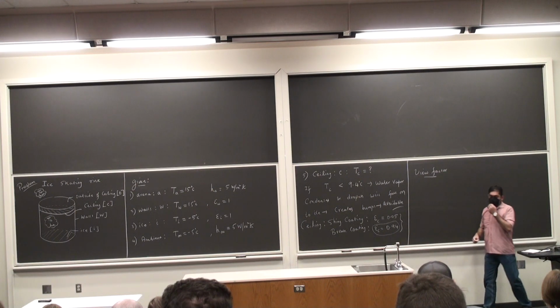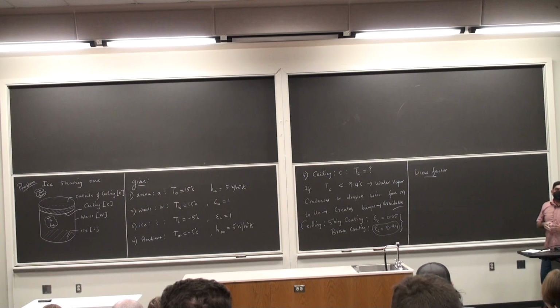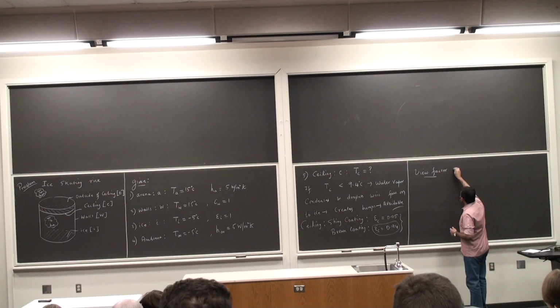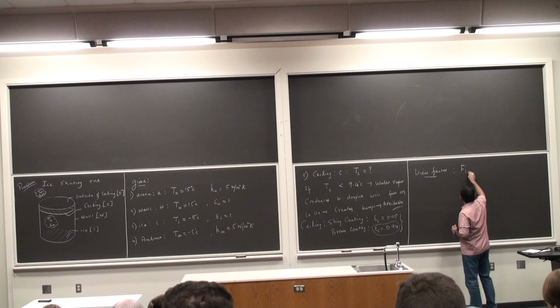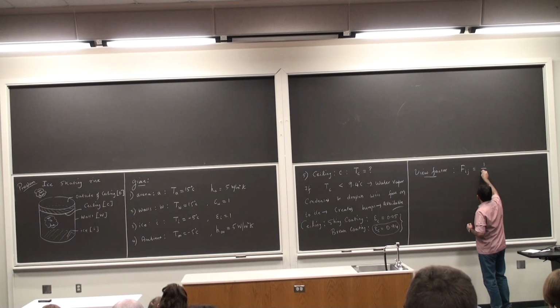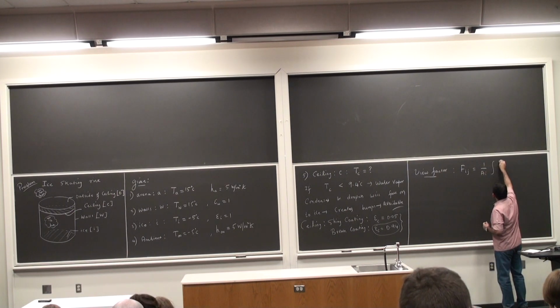If you recall, we had obtained an integral equation for the view factor Fij, which was 1 by Ai times the double integral.